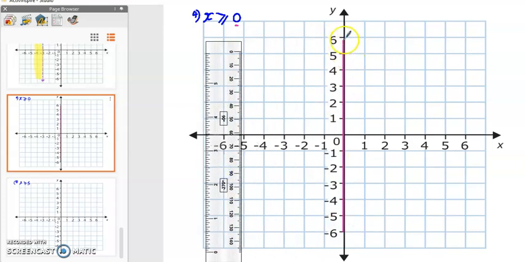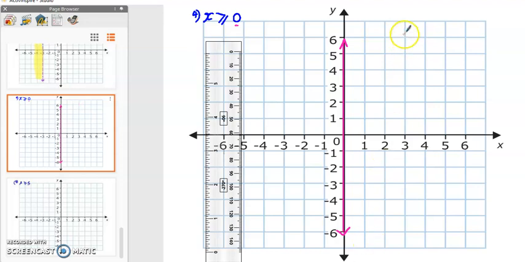Right on that line. So another name for the y-axis is x equals 0. Let me backtrack.